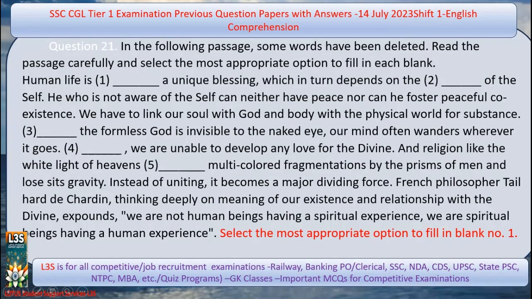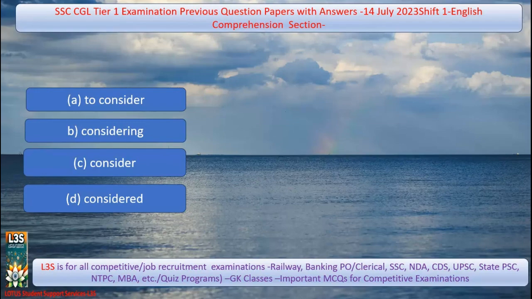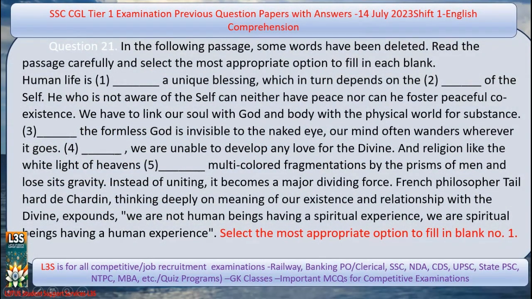Select the most appropriate option to fill in the blank number 1. Options are A. to consider, B. considering, C. consider, D. considered. So here, human life is dash, a unique blessing, which in turn depends on the dash of the self.